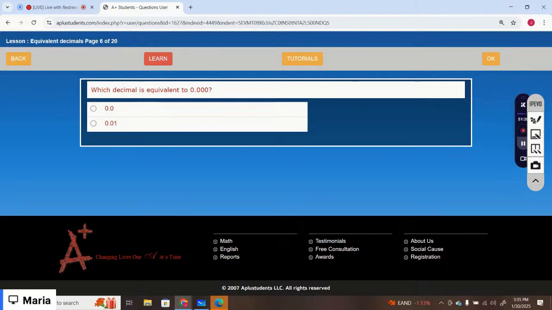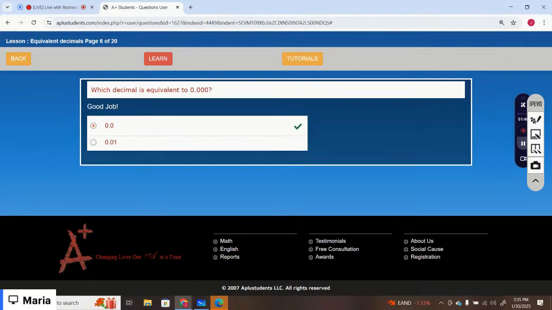Which decimal is equivalent to 0.000? That is option number one, that is 0.0.